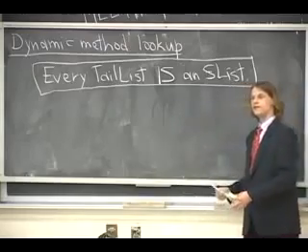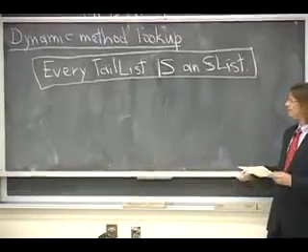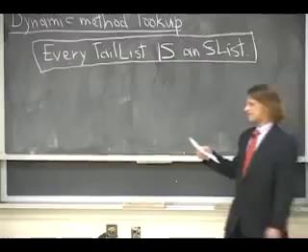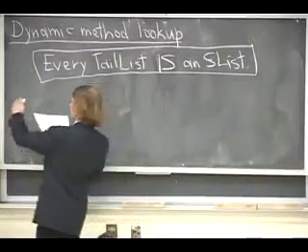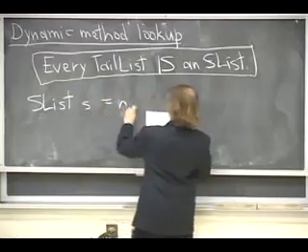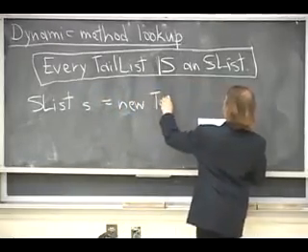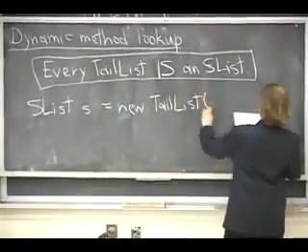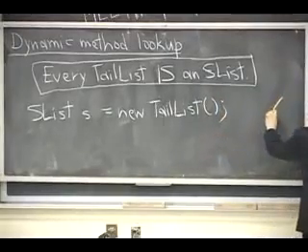Well, every TailList is an SList. Same thing. So what that means, practically speaking, is that I can write something like SList s = new TailList(). And that works.